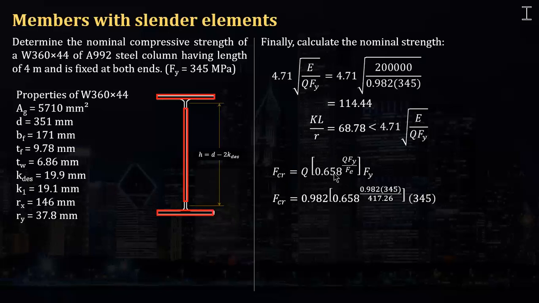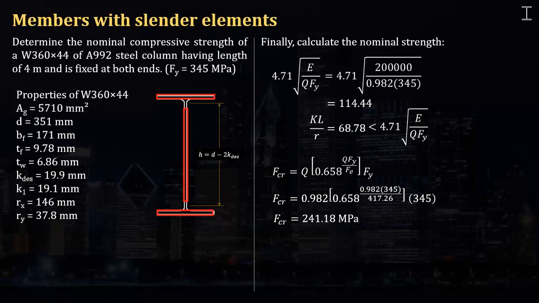So Fcr is equal to 0.982 times 0.658 raised to 0.982, that's the Q, times 345 over 417.26, times the quantity of 345. Evaluating that, that's 241.18. Going back to the previous Fcr that we took kanina, we got a value of 244.08, if you could remember.